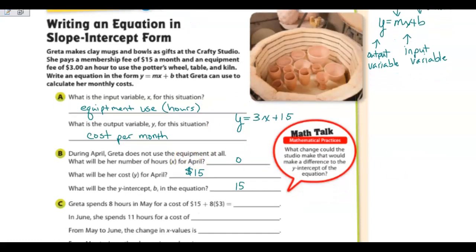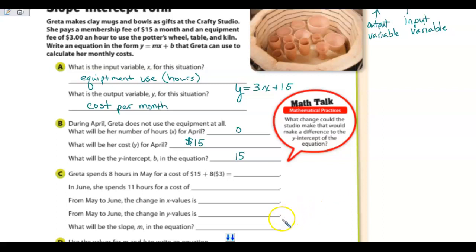It does work out. So Greta spends 8 hours in May for a cost of $15 plus 3 times 8, which is 24. And that's going to give her a total cost of, so y equals $39. In June, she spends 11 hours for the cost of, so where would this 11 go in our equation?